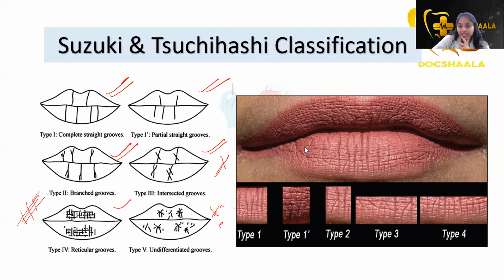The grooves here are linear, so she is type 1. Type 1 prime has partial grooves. Then type 2 has branched grooves. Type 3 has intersected grooves, so you can see intersections like this. Then type 4 has reticular grooves, so you can see patterns like this and like this.